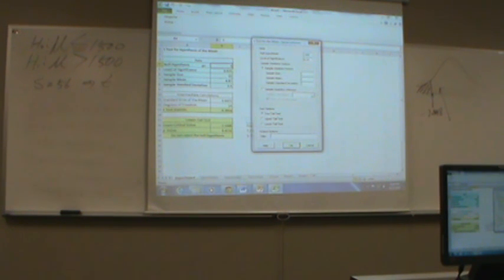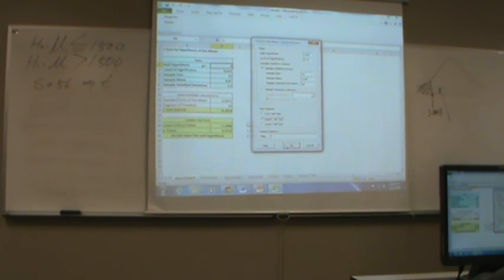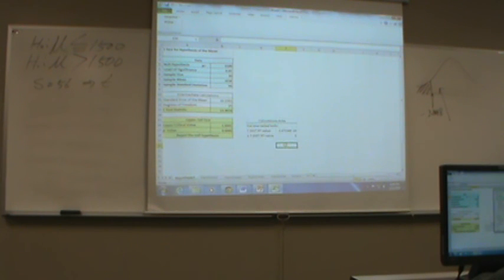Sample size 30. Sample mean 1,638. Standard deviation 56. Lower or upper tail test? Click upper tail test, then click OK.